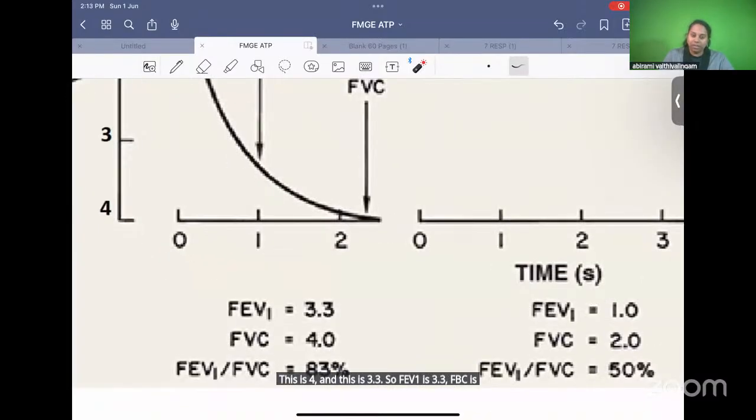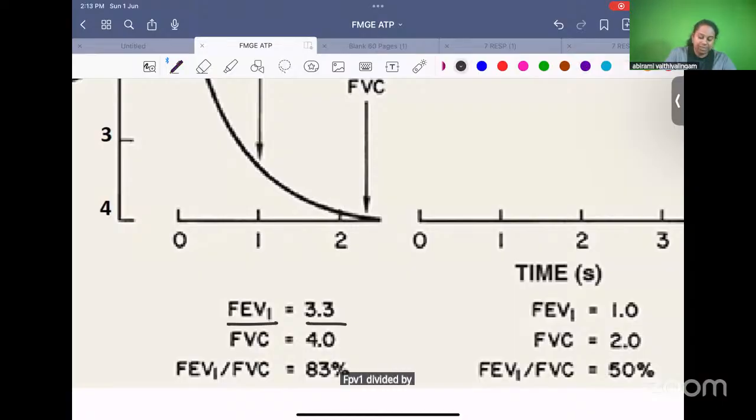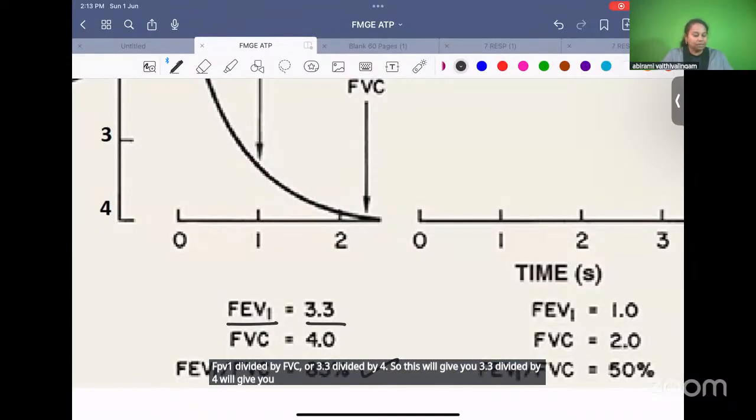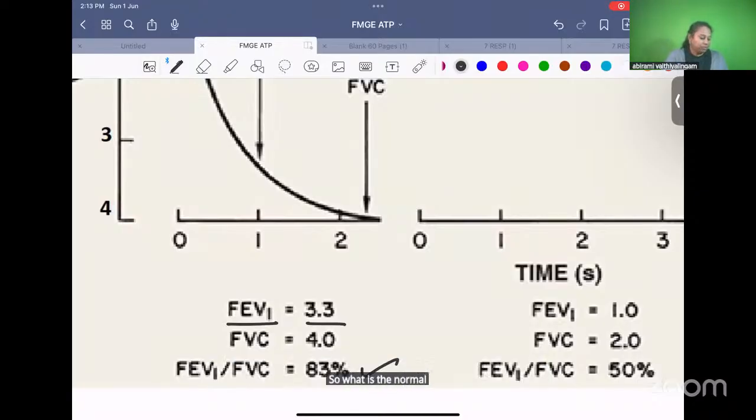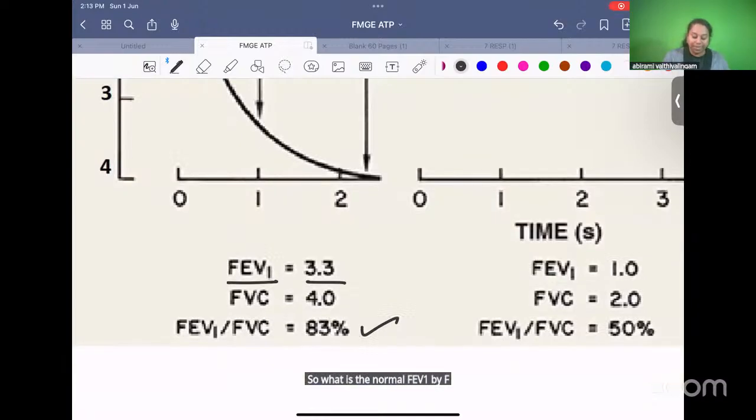Now you take a ratio. FEV1 divided by FVC, or 3.3 divided by 4. This will give you 83%. So what is the normal FEV1 by FVC ratio? 83%.